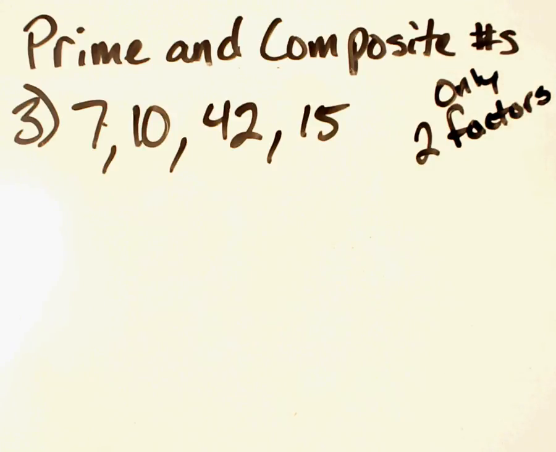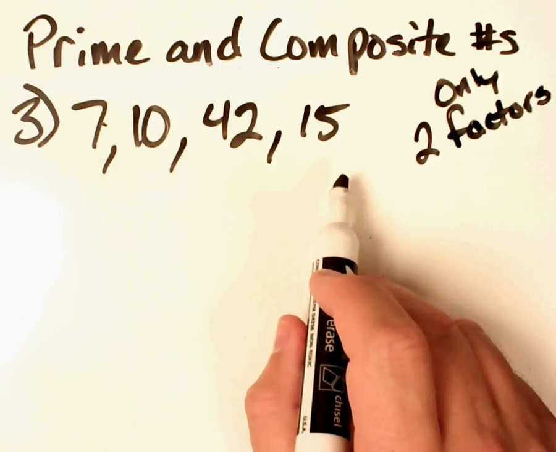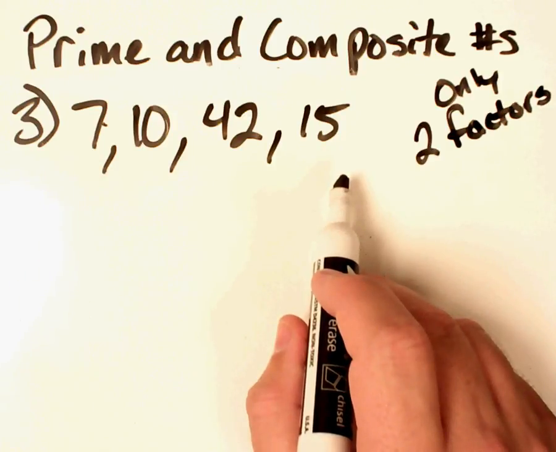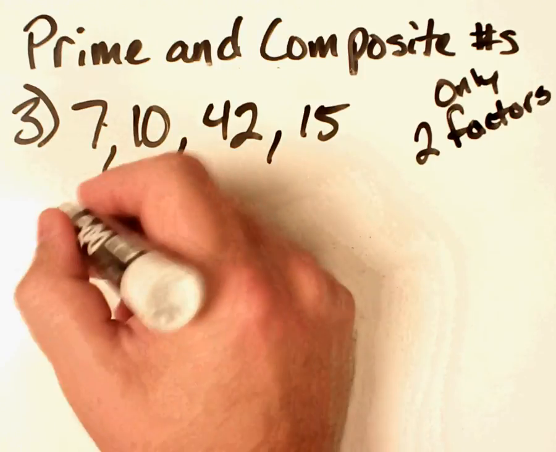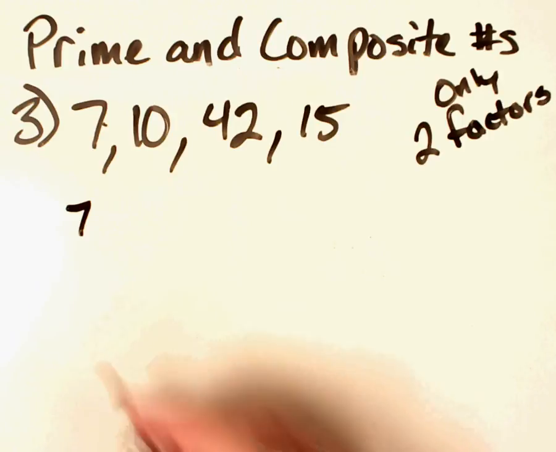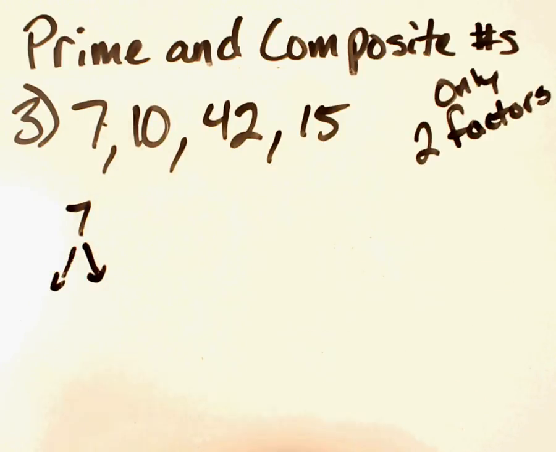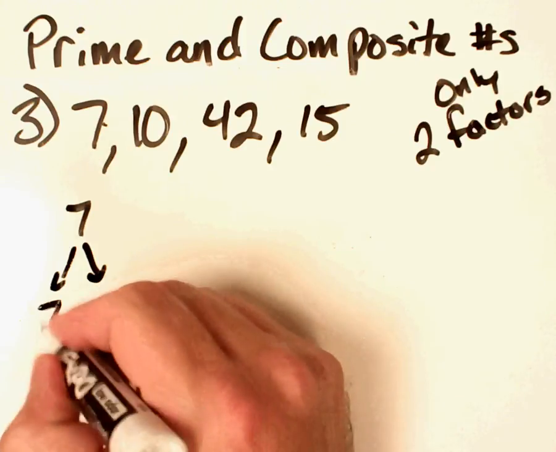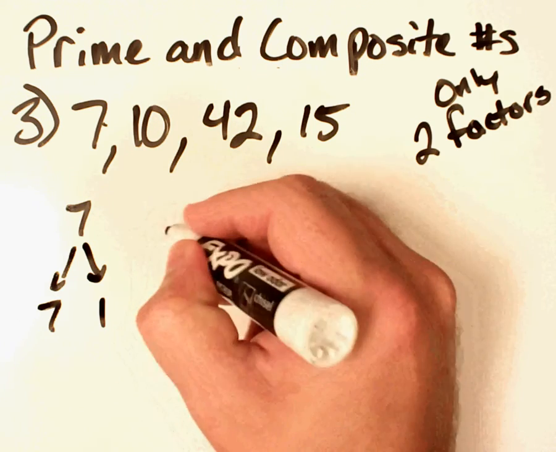All right, so looking through this, right off the bat, well, let's just go through it. All right, so what are my factors of 7? Well, I think 7 can only be divided by itself or 1. All right, let's go on to 10.